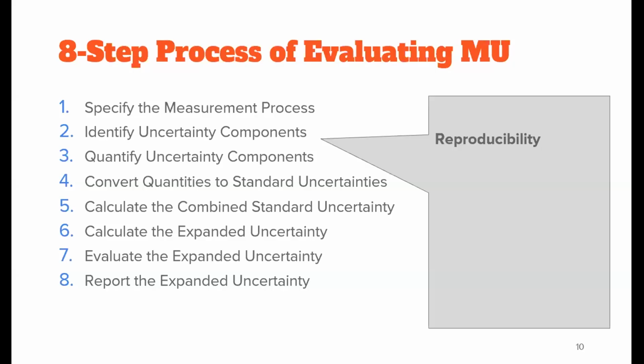Does that sound familiar? That's indeed how type A data is described. And reproducibility is a form of type A data in the evaluation of measurement uncertainty. This is collected through those repeat observations and evaluated by statistical methods.